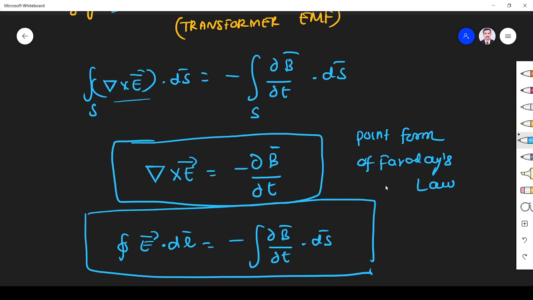This is known as the integral form of Faraday's law.